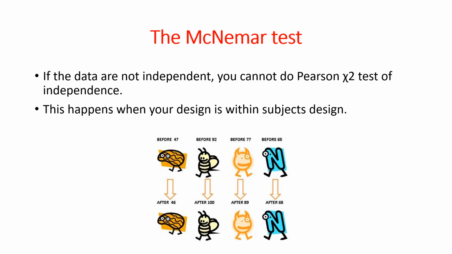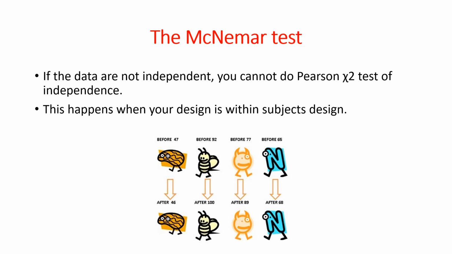So these two variables are categorical. You want to look at the association between these two variables, but you could easily see that the data are not independent because the data are coming from the same person. So the second data is highly correlated with the first data because they're coming from the same person.